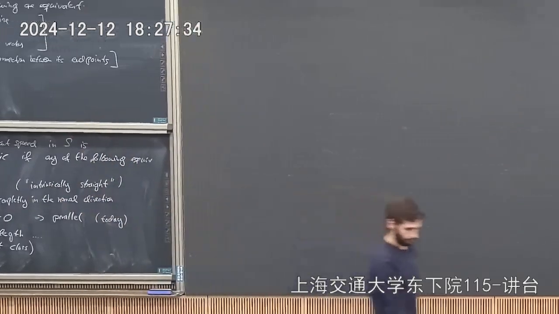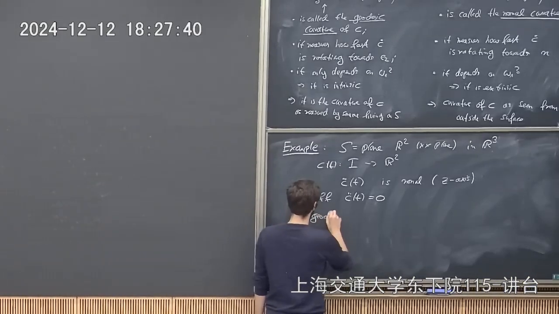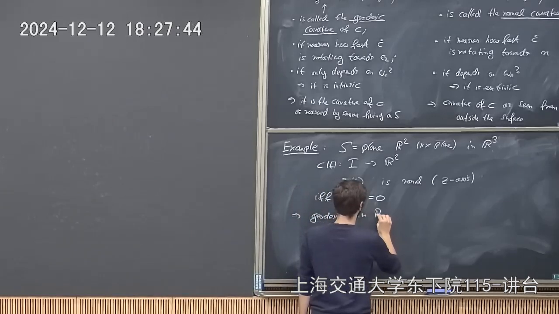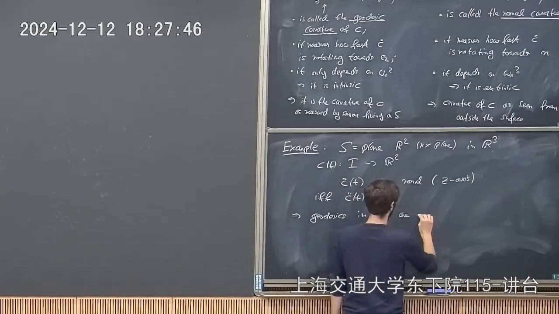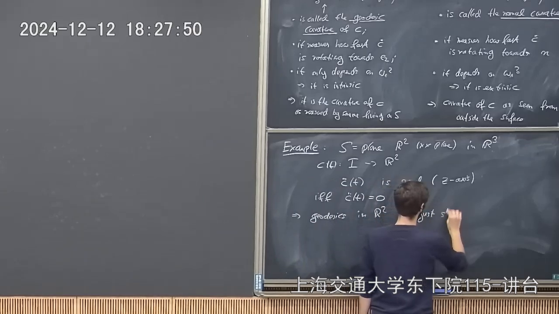So the upshot is that geodesics in R2 are just straight lines.